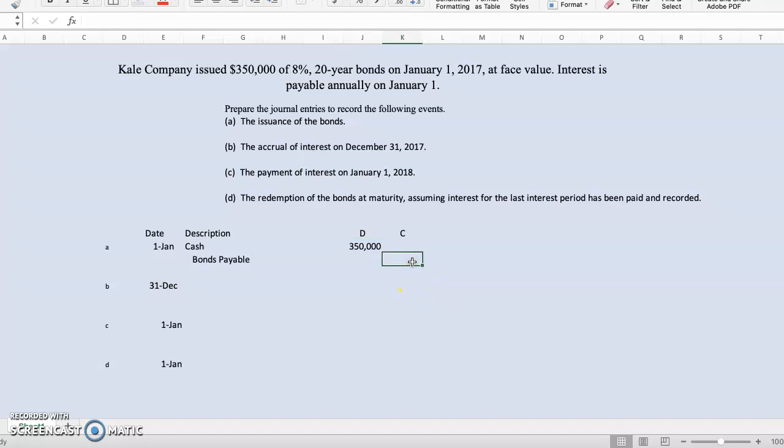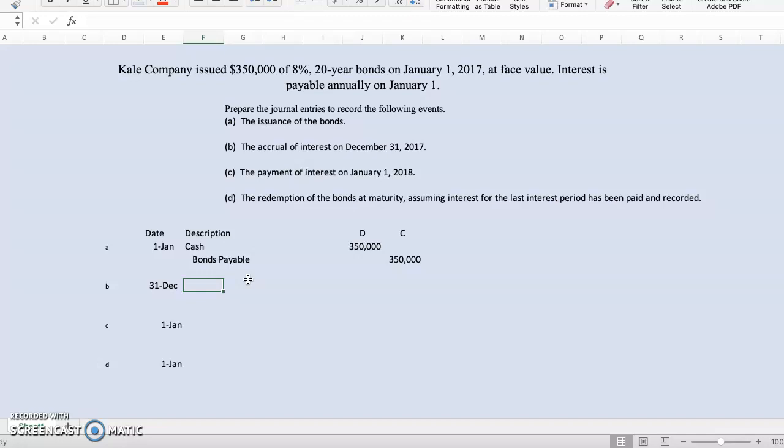So we'll debit $350,000 to cash, so it'll increase our cash, and we will credit our bonds payable to show it in that account.